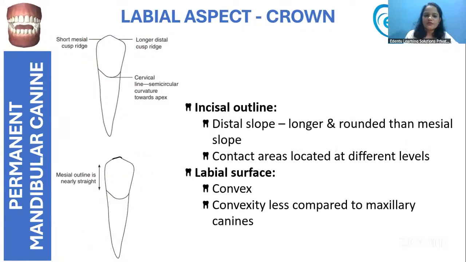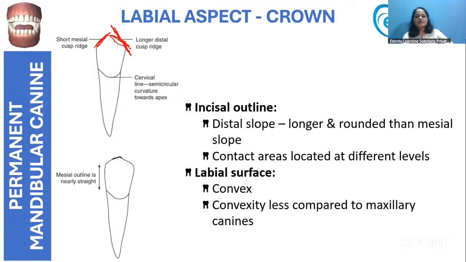Now if you look at the incisal outline, again, there is a mesial cusp slope and a distal cusp slope. Just like the maxillary canines, the mesial cusp slope is shorter and the distal cusp slope is longer in nature.